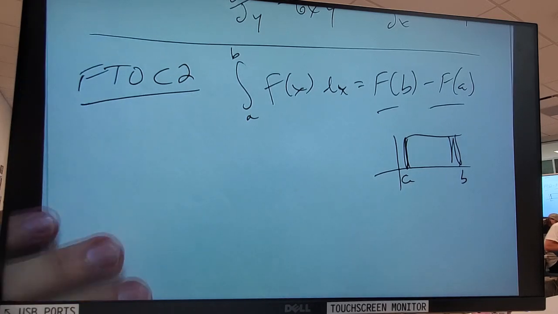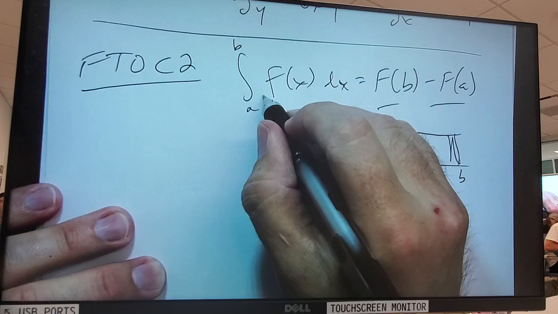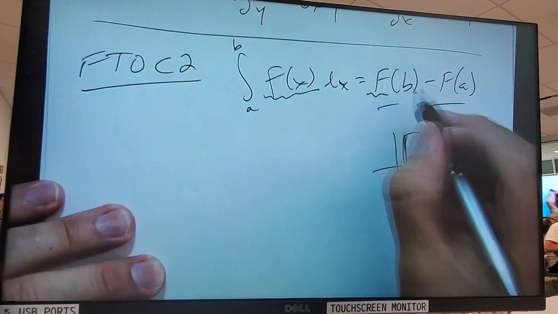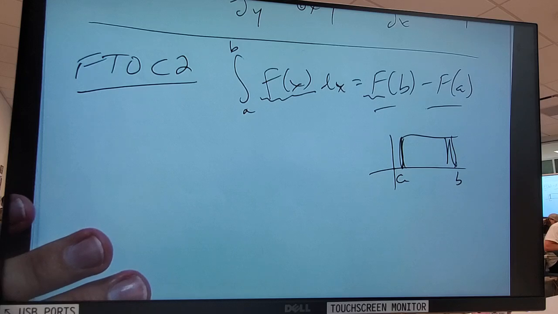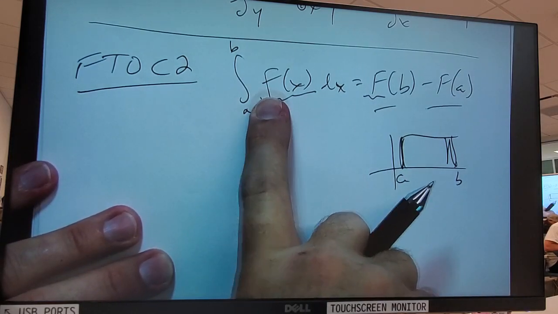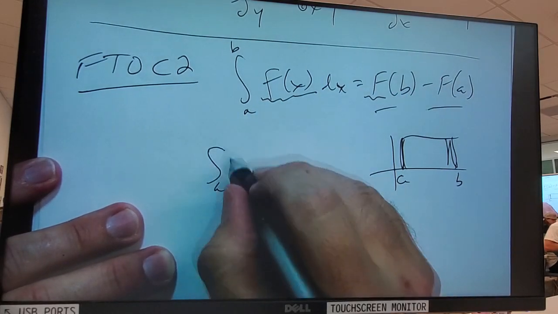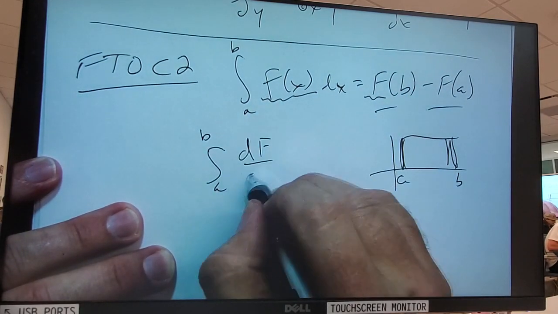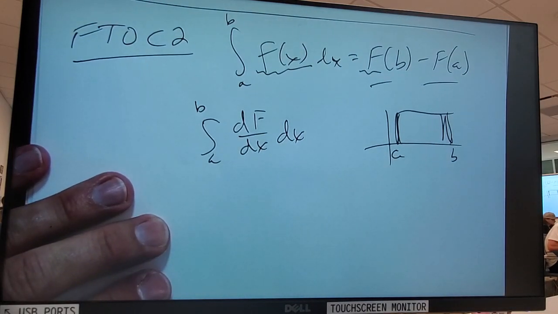So now what happens, and one thing I want to point out. What is little f compared to big F? What's the comparison there? How do they relate to each other? Big F is the antiderivative of f. So I could rewrite this as, yes? You guys with me?